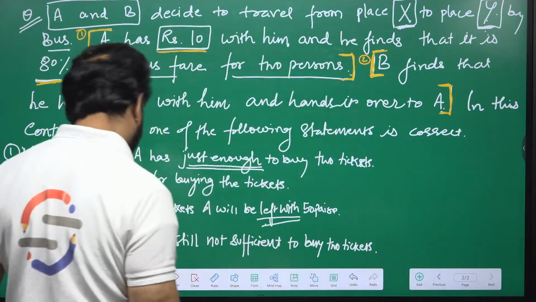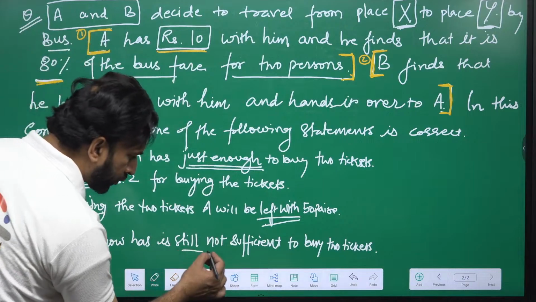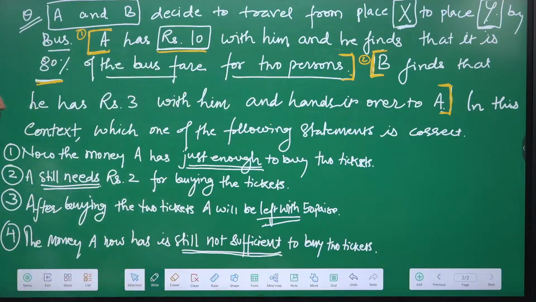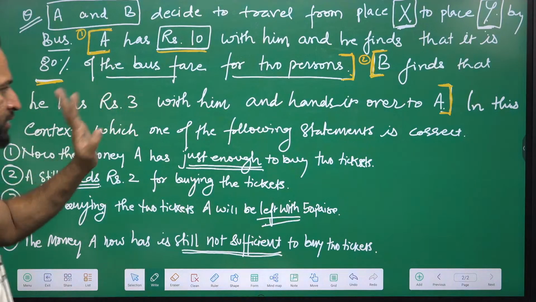Right? Still not sufficient. Right? So the question is very straightforward.